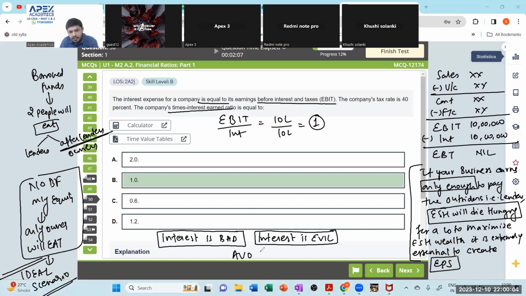Avoid interest. Always keep that much in mind. These are your important learnings of finance, that you have to avoid interest. Are you understanding what I'm trying to say? Agreed? Yes, sir. Take a screenshot.